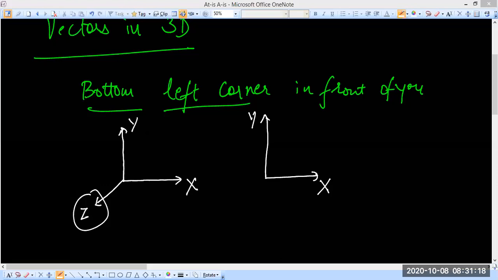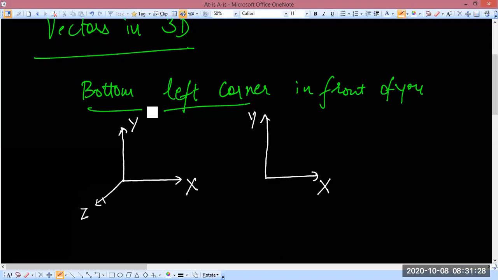Fine. So now you see what happens is drawing vectors in 3D is extremely tough. Let me tell you that. Drawing vectors in 3D is extremely tough, right? That is why we think of the bottom left corner.